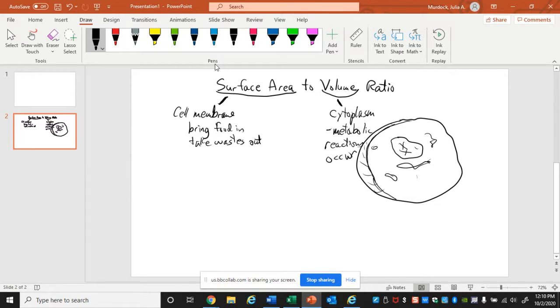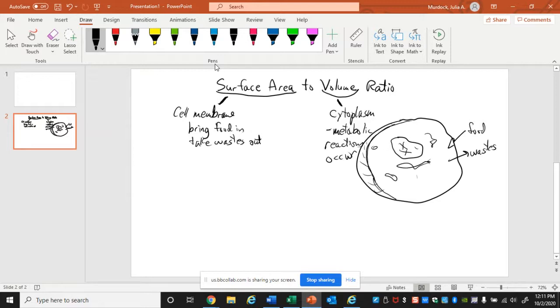So the cytoplasm is a very hungry thing. It's very needy. It needs to have food brought in, and it needs to have waste taken out. And if those things don't happen at a fast enough rate, the cytoplasm can start to suffer in terms of not getting enough food or the toxicity building up.